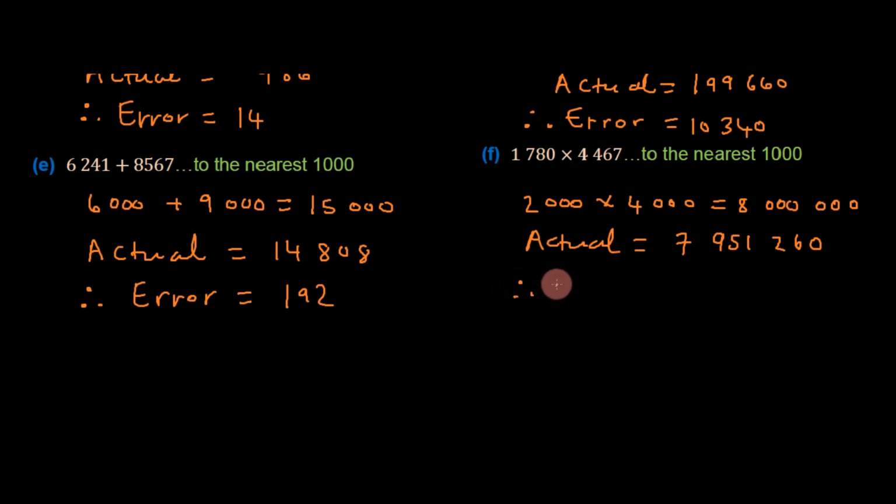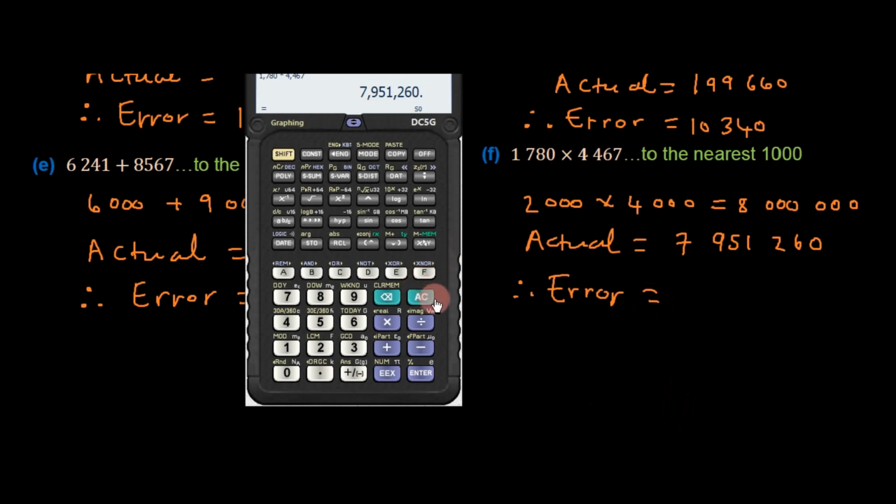So let's do the error. So 8 million, and the error is 48,740.